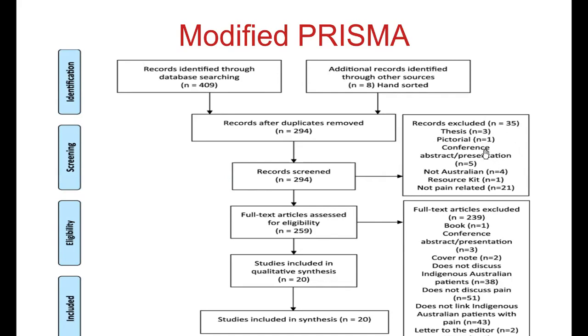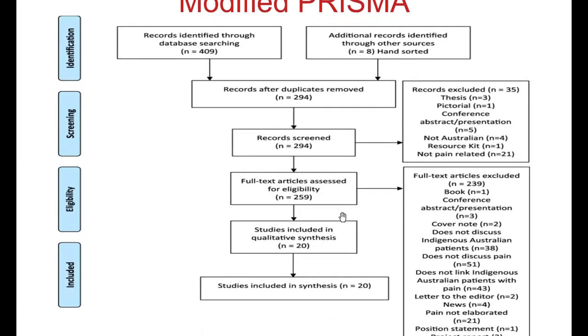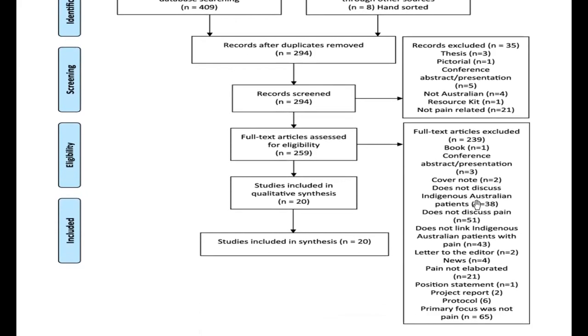So you exclude those and you show how many were excluded and what the reasons were. That's the exclusion criteria. And then you come to eligibility: full text articles assessed for eligibility, 259. And then these were further excluded. Maybe one was a book, maybe some were conferences, etc. These are some criteria that were used to exclude them.